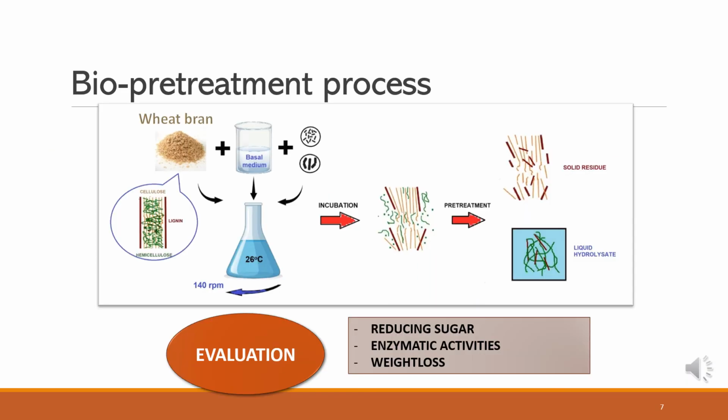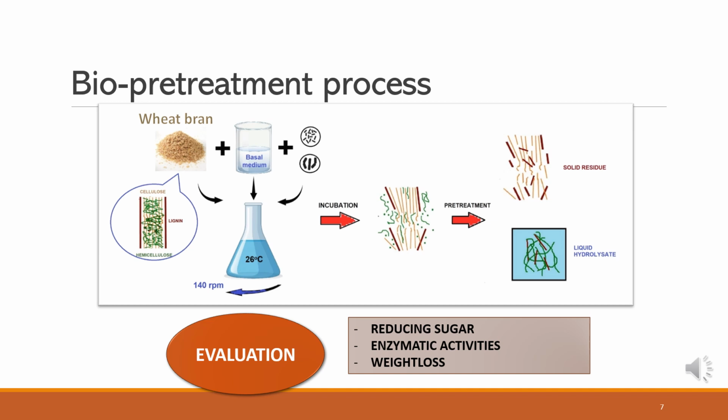The biological pretreatment is illustrated in the diagram. During the pretreatment, the recalcitrant lignocellulose structure is broken down by the enzymatic activity of bacteria in submerged medium, resulting in solid residue and liquid hydrolysate.